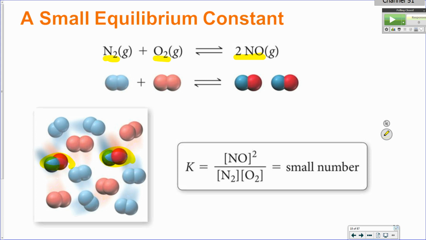And this is over-exaggerated. Almost all of the molecules present are those of the starting material, still there. So the fact that I find very few product molecules tells me this ratio of products raised to the power divided by reactants on the bottom raised to the respective power is a small number, and I'm not going to find very many product molecules in that system.